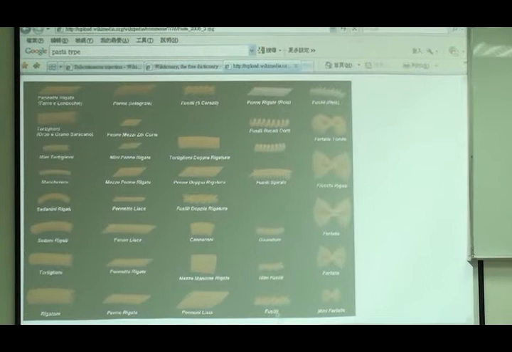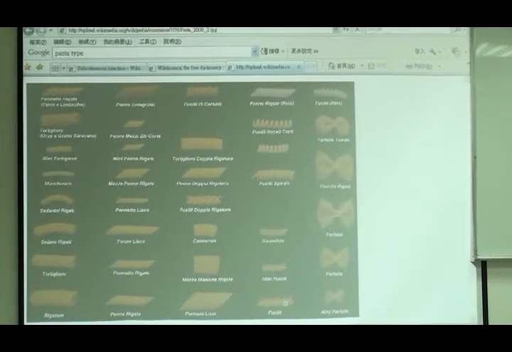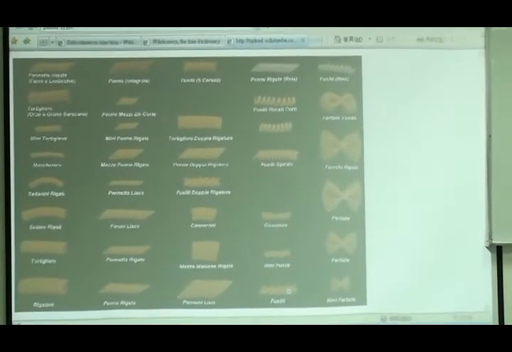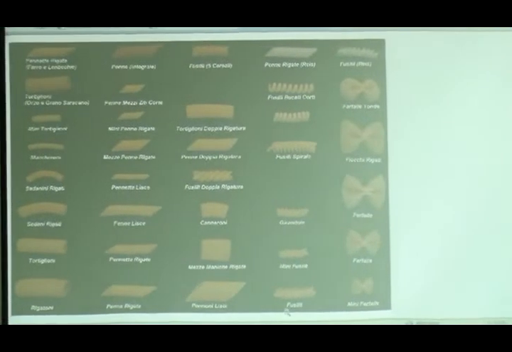This one you call penne. This one, fusilli, the spiral. You can study this at home. This is your assignment. You have to know the different noodles, because this is basic, I think. The fusilli, penne.